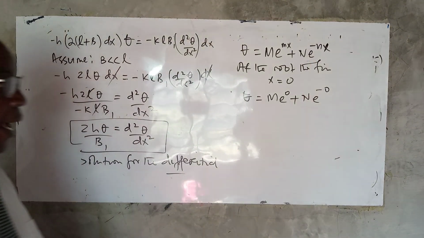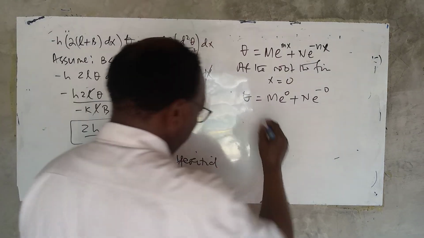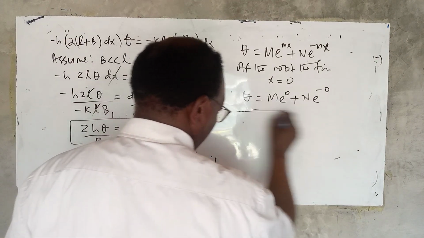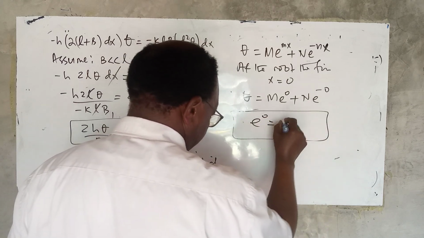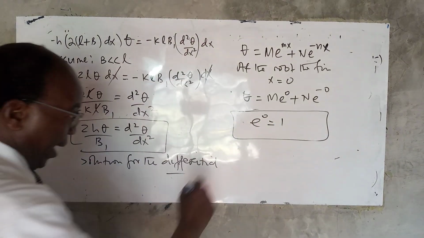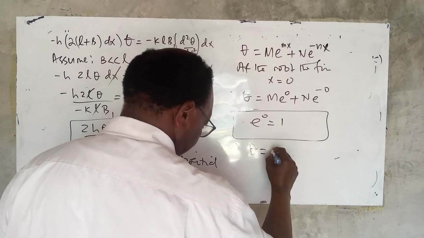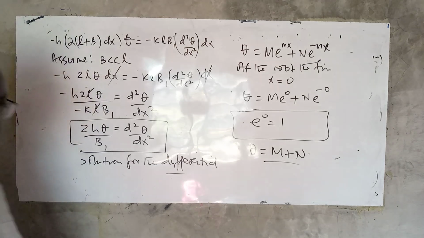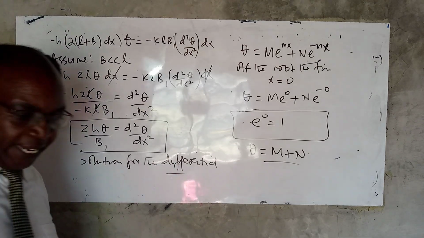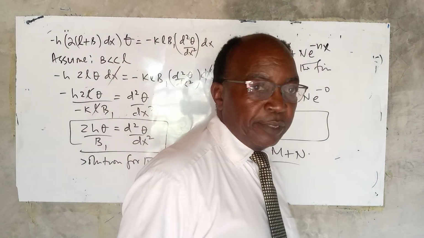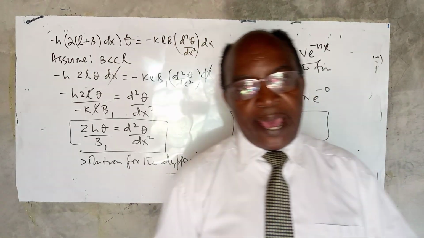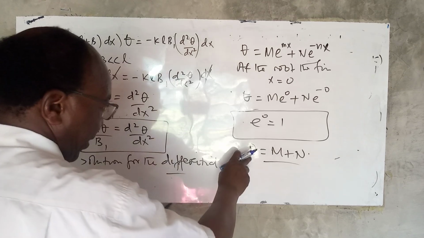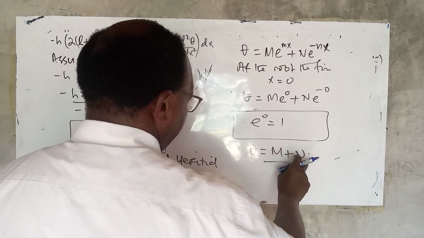Anything raised to power 0 is 1. Remember, in case you have forgotten, e raised to power 0 is 1. And so theta, therefore, is m plus n. You can also take other boundary conditions and try to solve for these quantities.